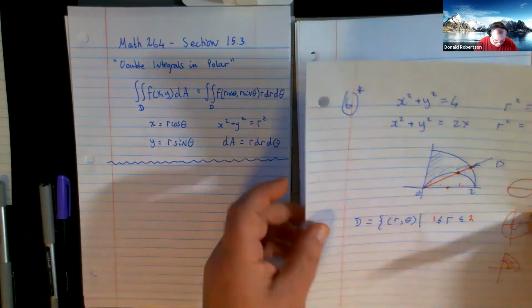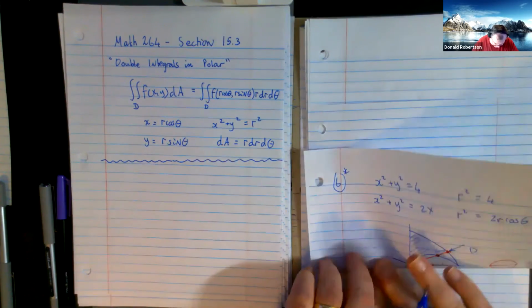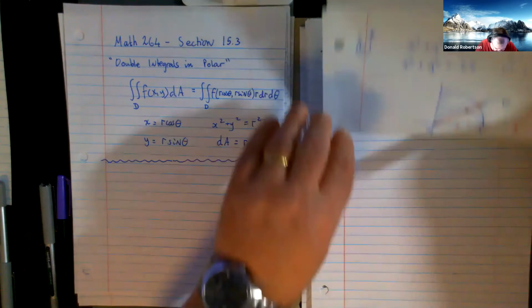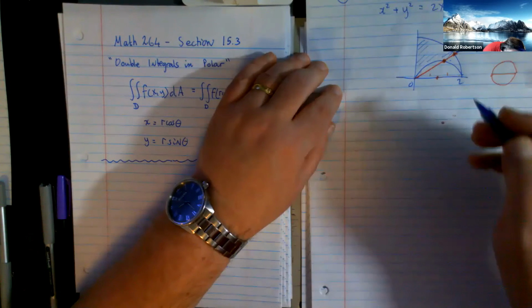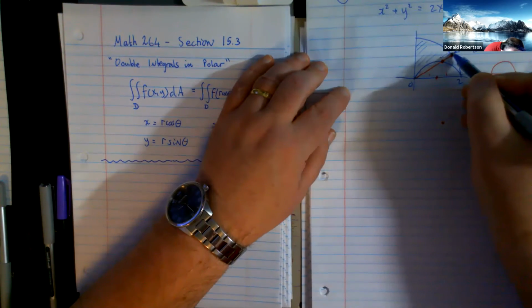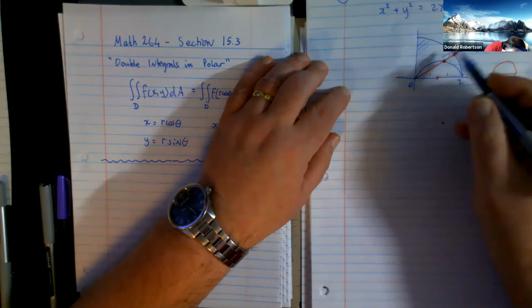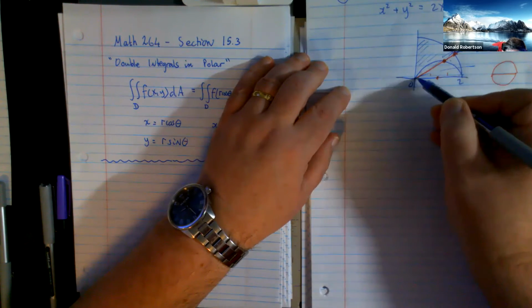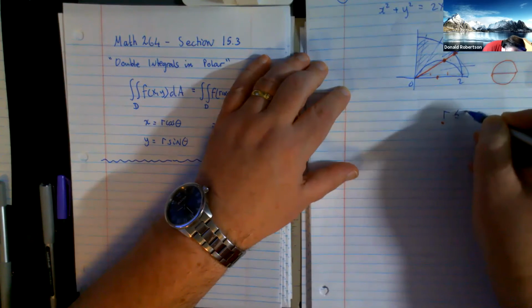I've got the shape, but what I'm having trouble with is describing the range of r values. On the furthest point, we're looking at an r value of 2. No matter what radial line I make, the end of it is definitely 2, so I'm comfortable on that side.